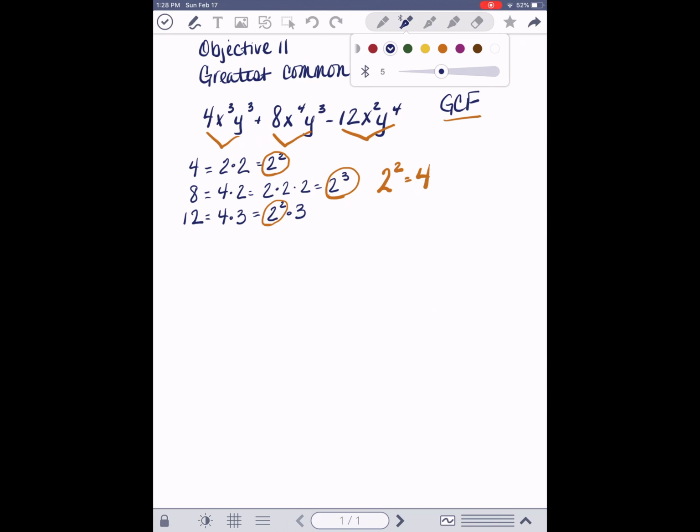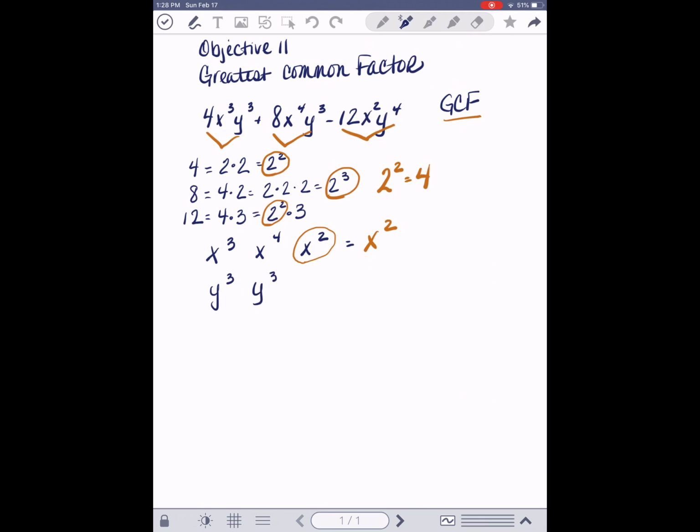Now let's take a look at the x's. We have x cubed, x to the fourth, and x squared. Again, the largest we can take out of those is the exponent of the smallest value, and that's x squared. Now, let's take a look at the y's. We have y cubed, y cubed again, and y to the fourth.